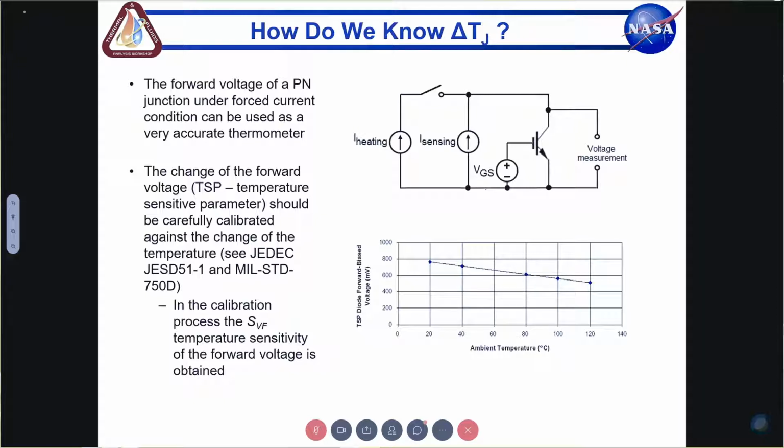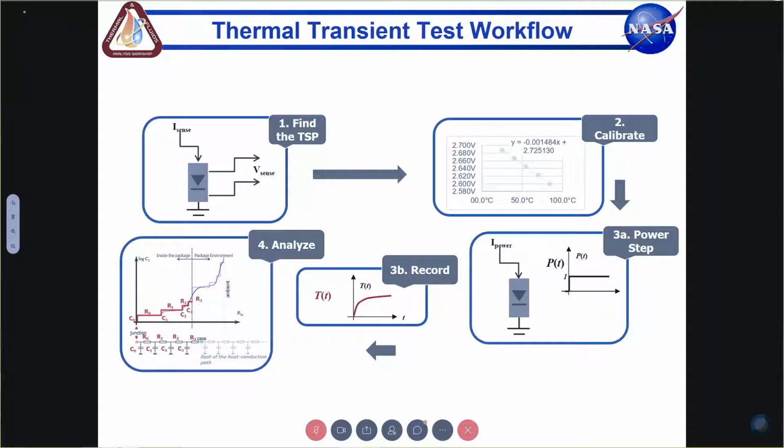Actually, this chart here corresponds to a single silicon diode. And what you can see is if the device temperature goes up, then at constant bias, the device voltage will go down. This is something you can calibrate in a thermostated environment. So practically every single semiconductor component you may use in your application can be turned into a built-in temperature sensor.